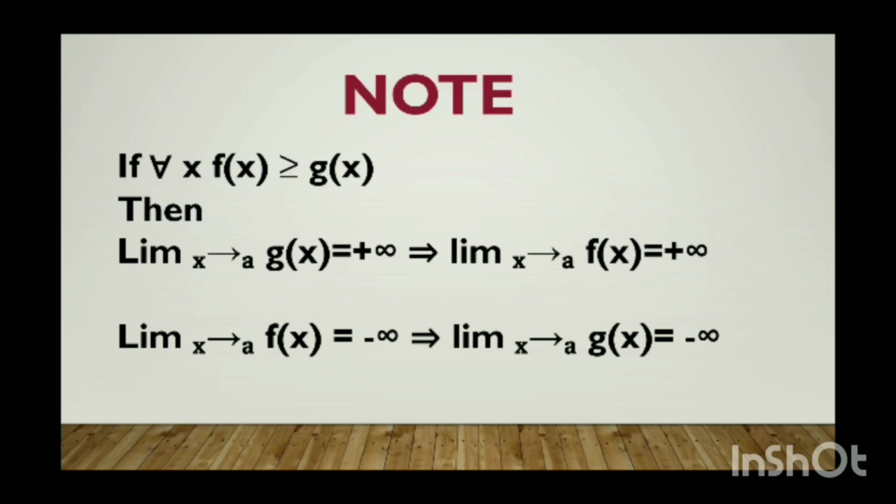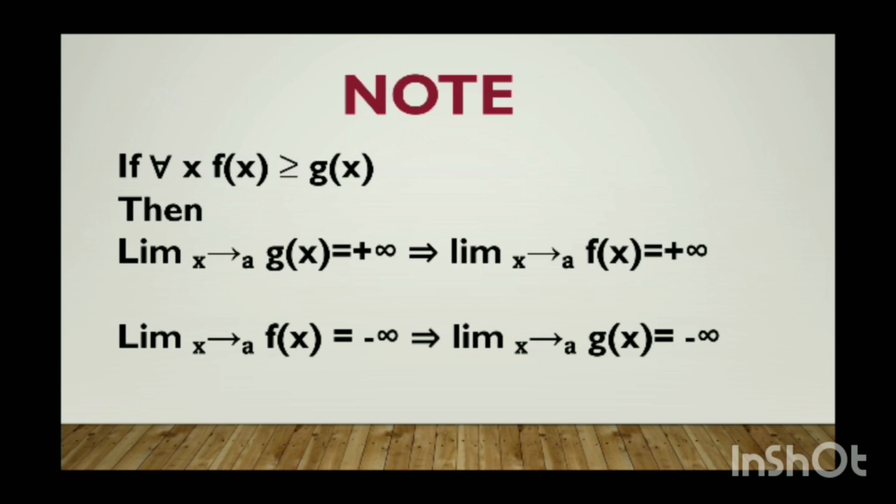I think this begins to make sense, because in this case we are saying that f of x is bigger than or equal to g of x, meaning that g of x is the smaller function. So if the limit of the smaller function is positive infinity, then talk less of the bigger function, which will also be positive infinity.